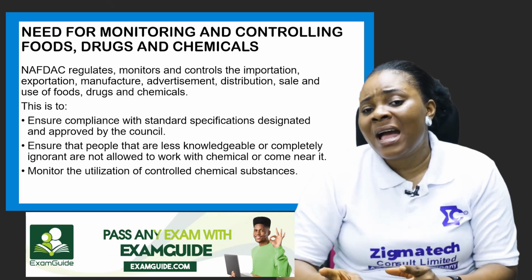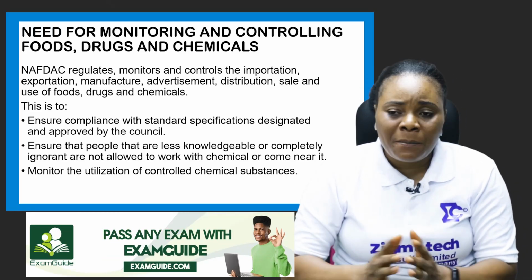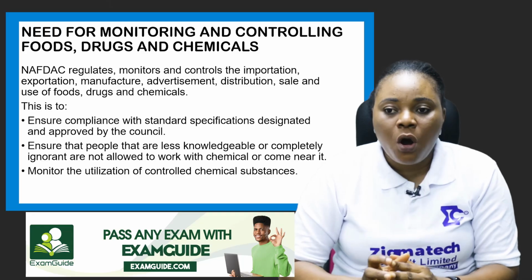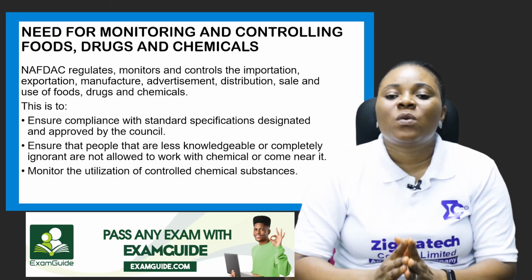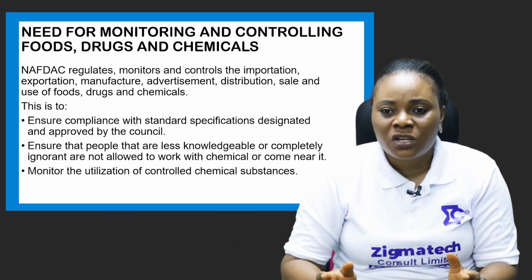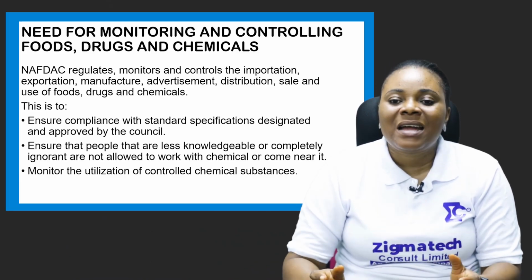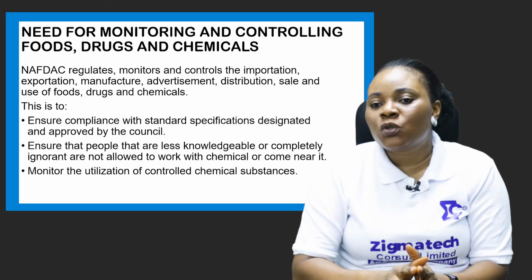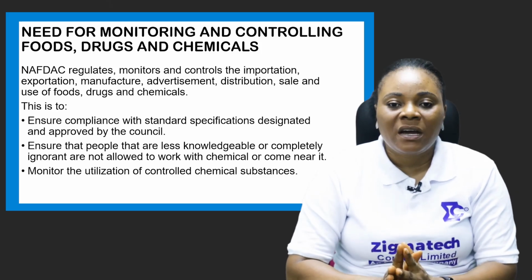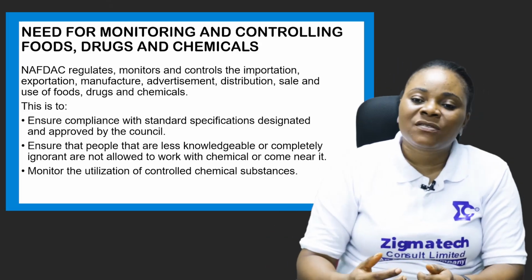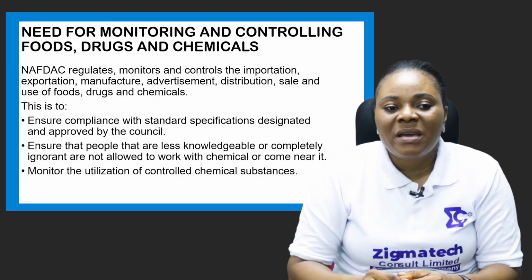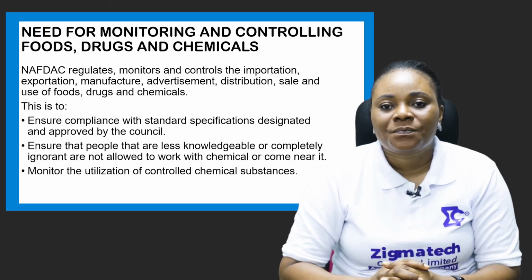That means a chemical can be a friend or an enemy, depending on how it is used or how it is handled. So one thing that NAFDAC does is to ensure that people that have no knowledge on the use of chemicals and how they work are not allowed to work with chemicals or come near them, so that it doesn't damage them or they don't use it to damage the lives of other people and the environment at large.